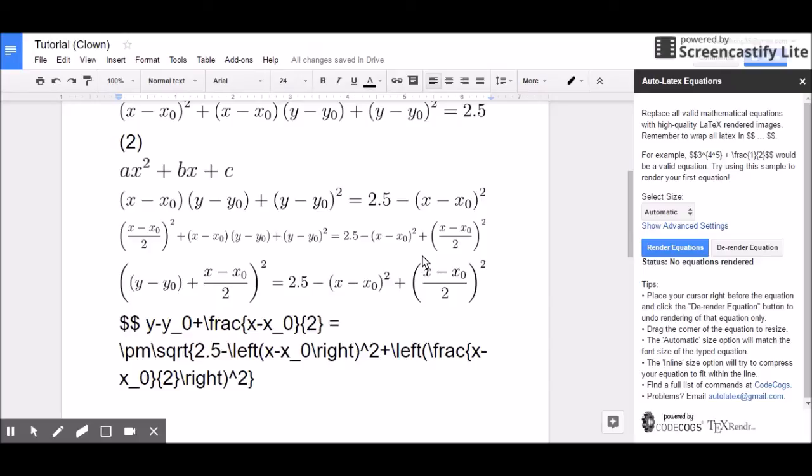And since we're taking a square root, on this side we need to add a plus or minus. We take the square root of it.